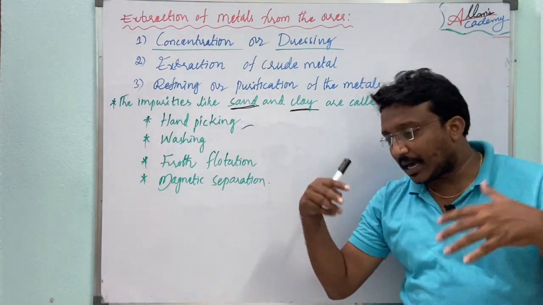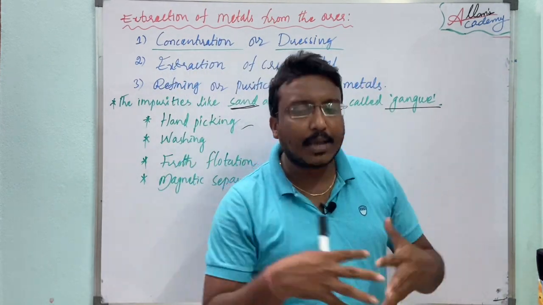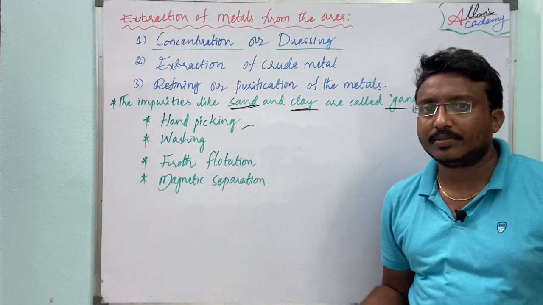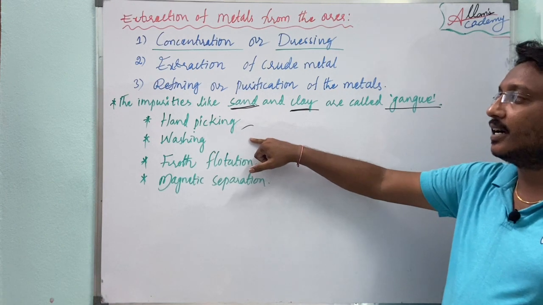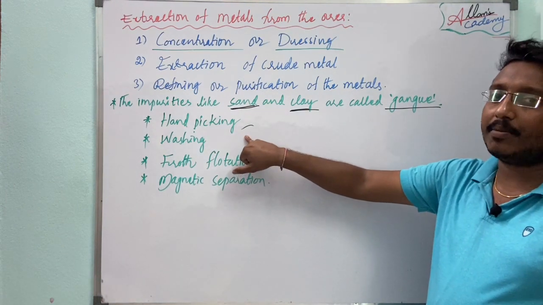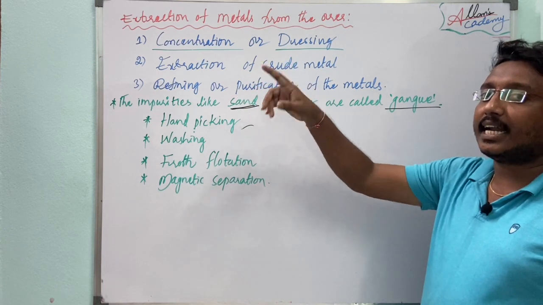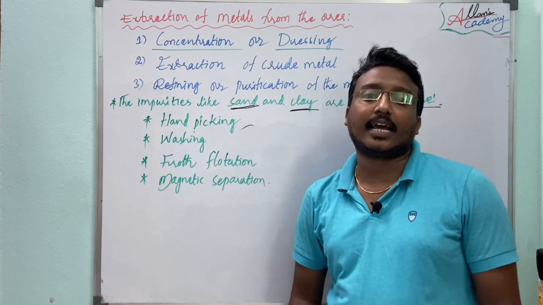For example, if the impurity and the ore are the same in color and the same in size, it is not possible to remove it. So hand picking is one of the physical methods. It is possible when the impurity has a different color or different size.